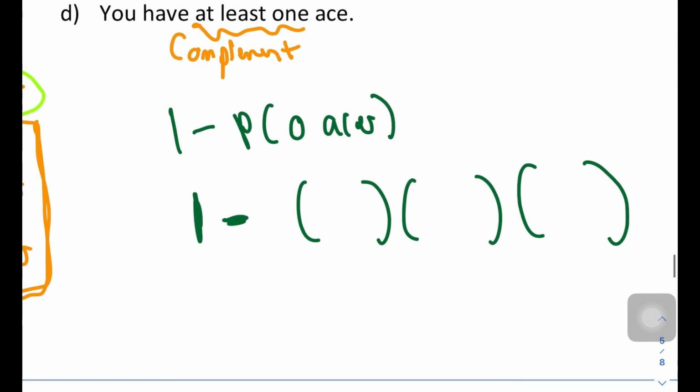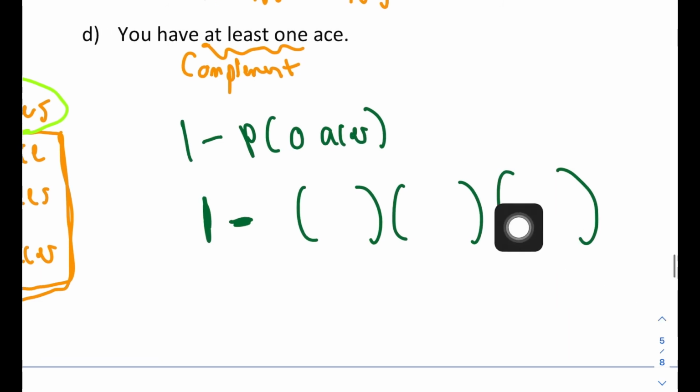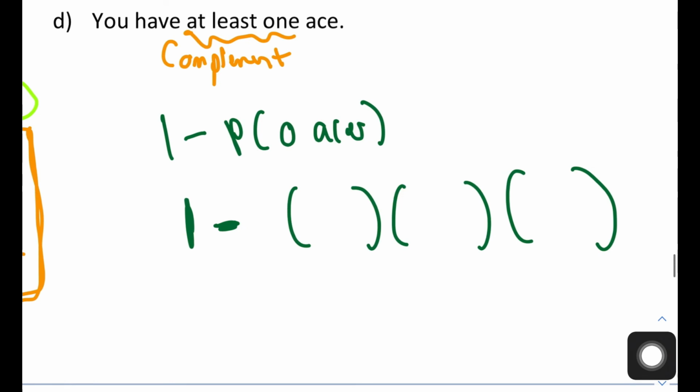So if there's 4 aces, we have 48 non-aces, right? And what we're looking for here is we want each of these to be non-aces. We want 0 aces. So there are actually 48 out of 52 cards that are not an ace.